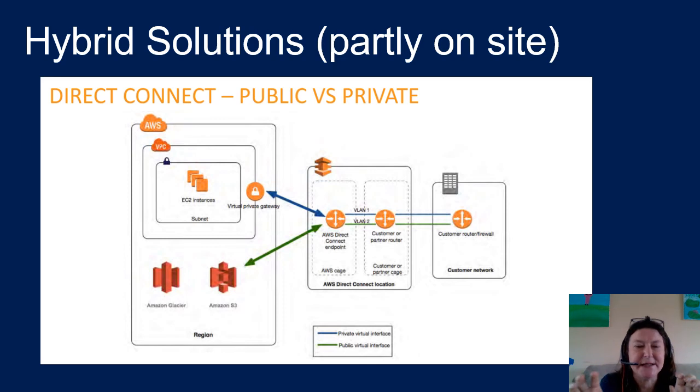So this is basically a two-way thing, so that the AWS architecture can access the customer and the customer can access AWS. But it's all according to the rules on the firewall on the customer side, of course. Okay, so that's AWS's answer to hybrid solutions, or one of the answers, I should say, to hybrid solutions.